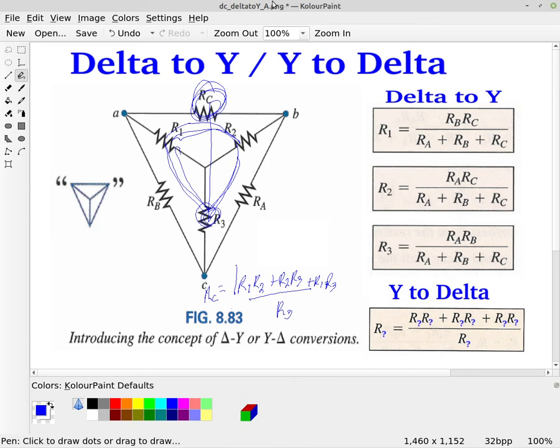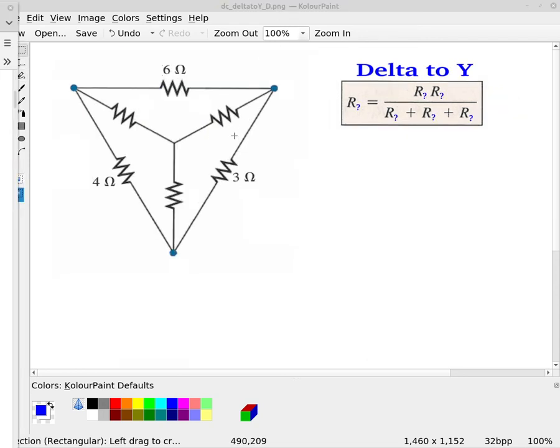So let's take a look here at a circuit, and we want to do a delta to a Y. We have values here for the delta, but I didn't put any 1s and 2s and 3s and A's and B's and C's in here, because we don't care about that.